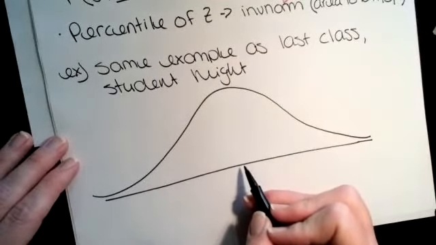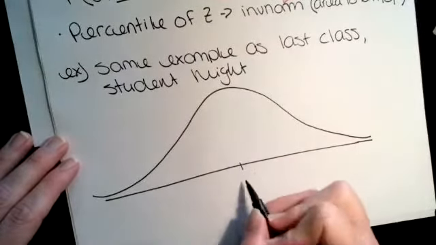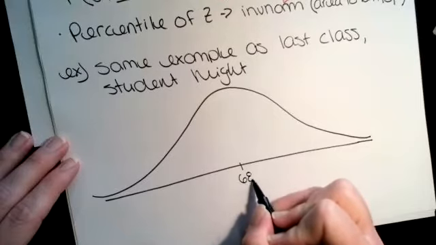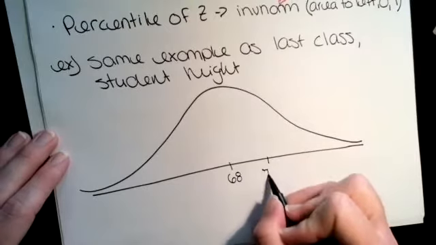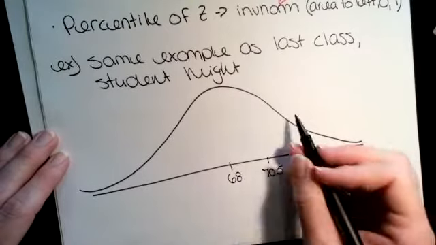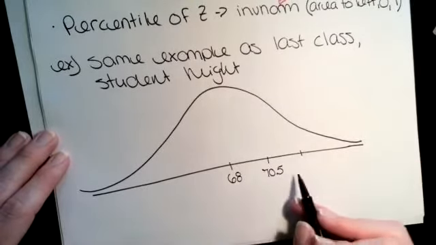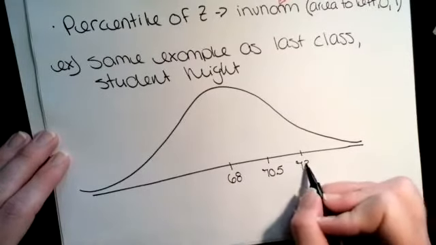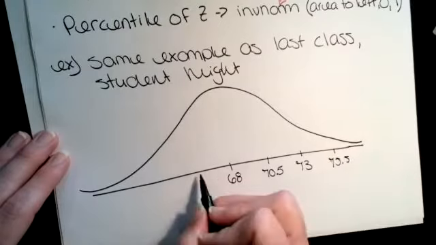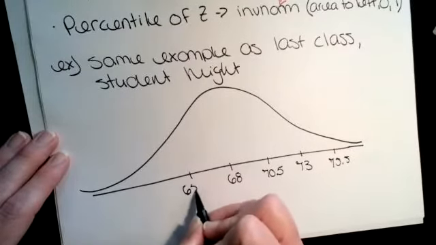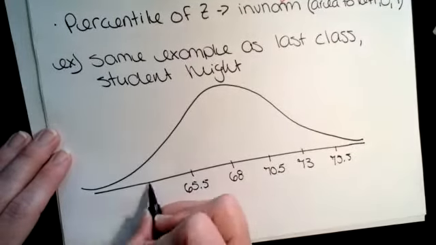Remember the center of my curve of all the heights, 68 was the mean. And then my spread was 2.5. So if I just write this curve out with the 3 standard deviations above and the 3 standard deviations below, I'm just going to fill them in. This is what we did last class.